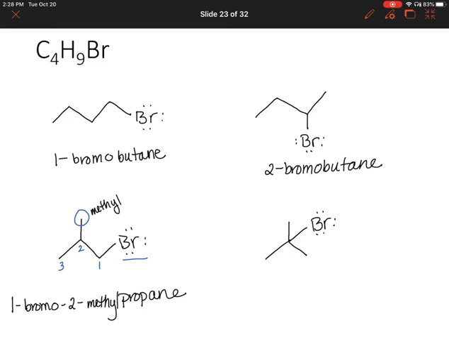All right, and then what about our last molecule? What is our longest carbon chain? 3. And in this case, it doesn't really matter which way we number the carbons, left to right or right to left. We still end up with our substituents on the second carbon. Okay, so this would also be propane.